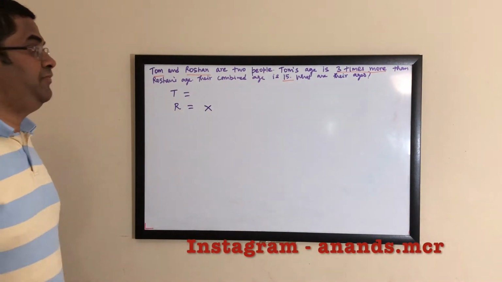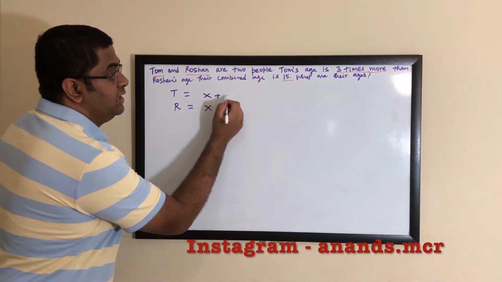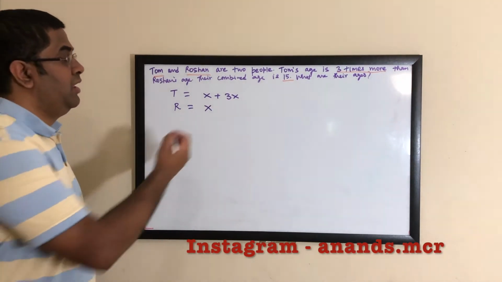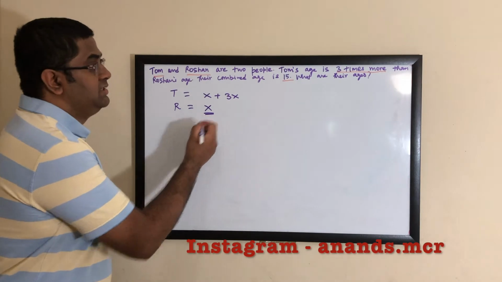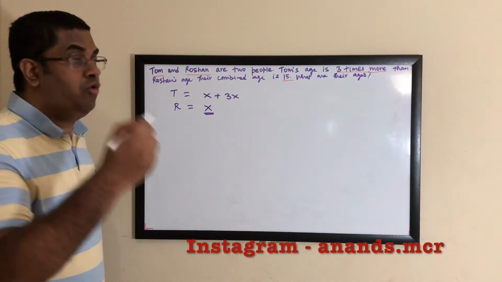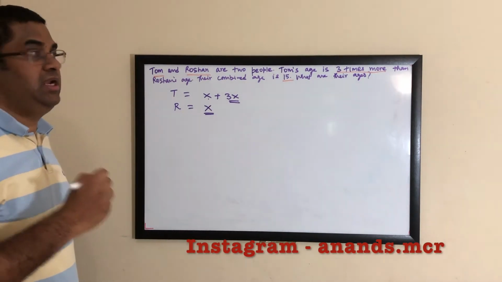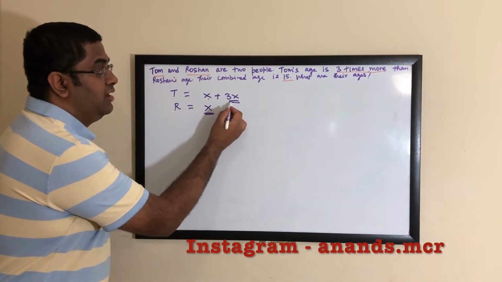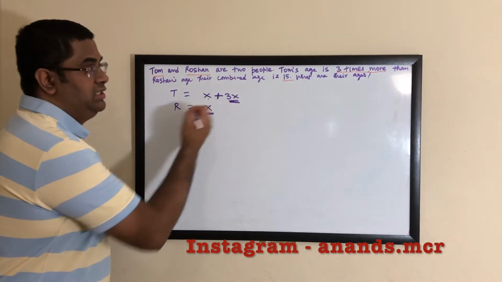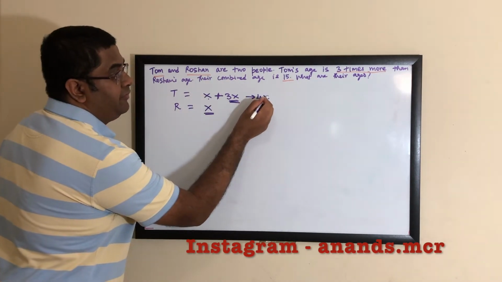What it means is Tom's age is Roshan's age plus 3 times more. Listen here again, friends. If we assume Roshan's age to be x, since the problem says that Tom's age is 3 times more than Roshan's age, which means that Tom's age is 3 times added to Roshan's age. x plus 3x we know is 4x.